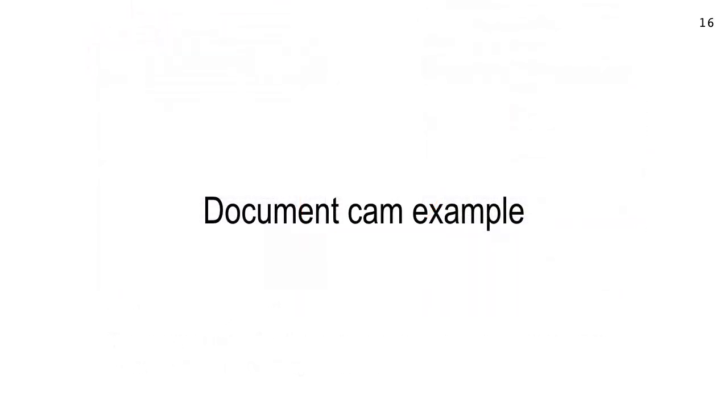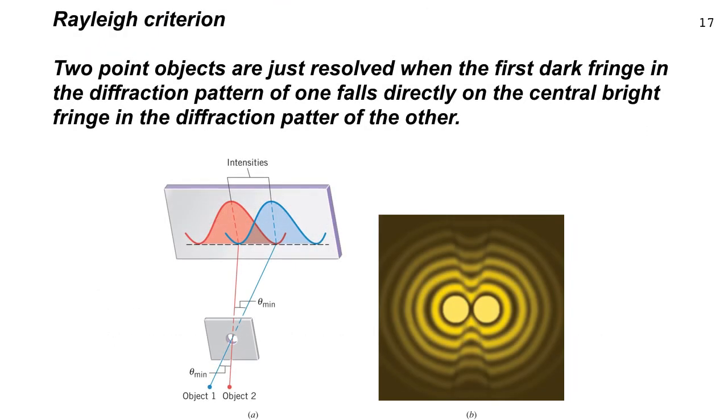All right, now we did the document cam. And here's something that's important, the Rayleigh Criterion. Two point objects are just resolved when the first dark fringe in the diffraction pattern of one falls directly on the central bright fringe in the diffraction pattern of the other. So here's two BBs, two little BBs, a red one and a blue one down here at the bottom, okay?